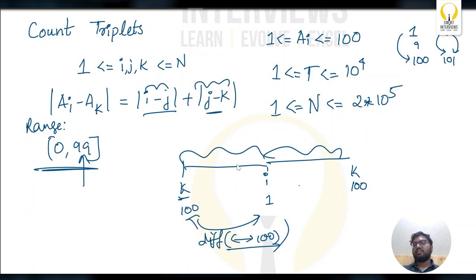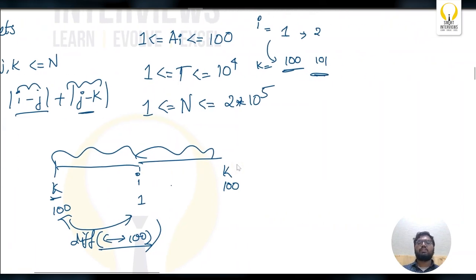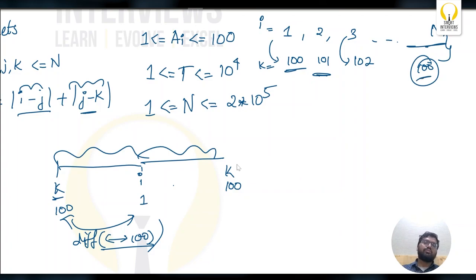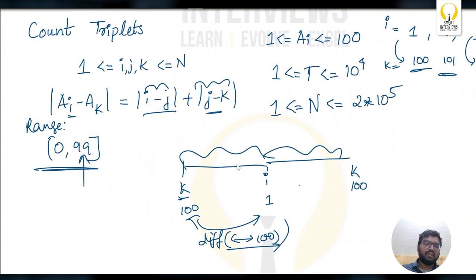For i equals 1, we'll make our k go up to this limit, similarly up to 101, and for i equals 3 we maintain the same thing. So for every i till n, we are just traversing 100 steps in the next for loop. In this way we are trying to fix our i and k, right?